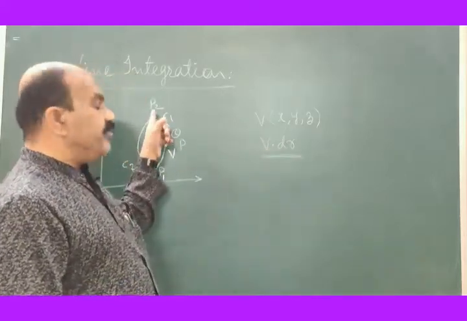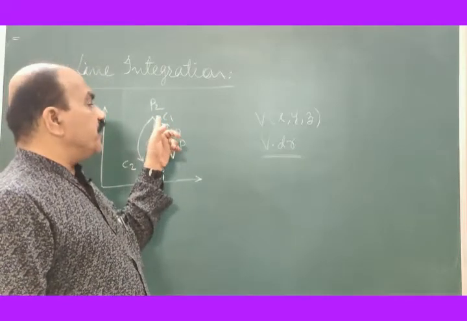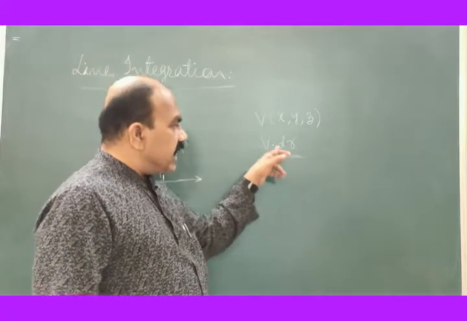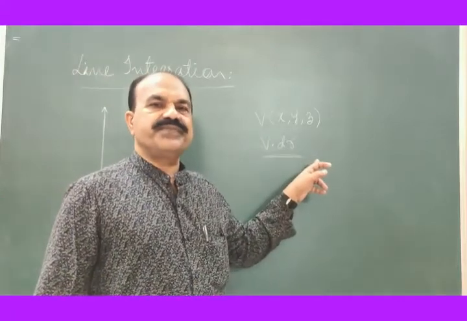The curve P1 to P2, or the curve C1, is composed of a large number of such points.